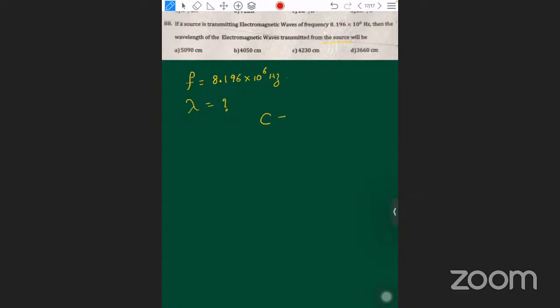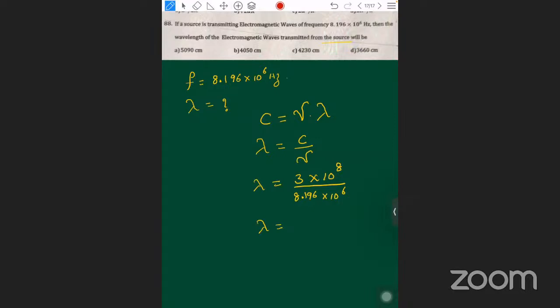You know that the speed of light in vacuum is given by C equal to nu into lambda. Then lambda is C divided by nu. C is 3 into 10 power 8, and the frequency given is 8.196 into 10 power 6.